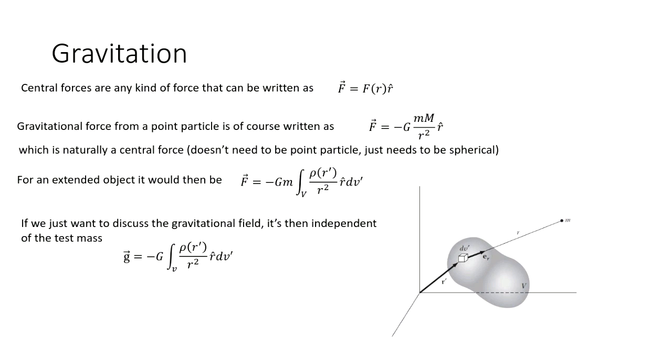Now this negative G m M over r squared is the magnitude of gravity for a point particle. It doesn't necessarily need to be a particle, but it does need to be spherical.